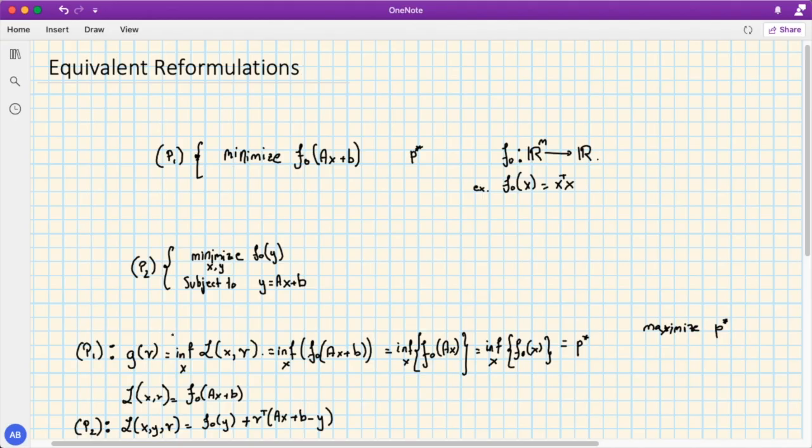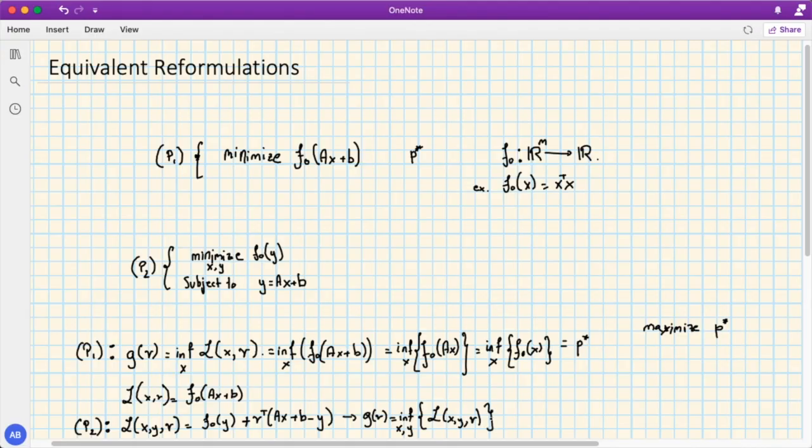To obtain the next step, before formulating the Lagrangian dual problem, I need the Lagrangian dual function g of nu. So what do I do over here? As I did in P1, I find the infimum, but this time over two variables of the problem, x and y, right? So the infimum over x and y of L of x, y, and nu.